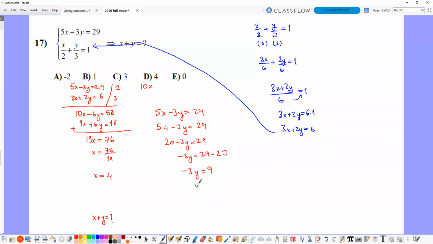So y is equal to 9 over minus 3, and y is equal to minus 3. So what is x plus y? It's equal to 4 plus minus 3, which is 4 minus 3, which is equal to 1. So the answer is B.